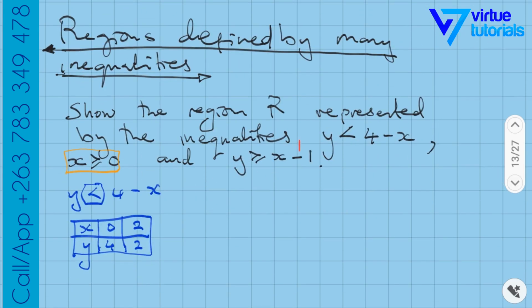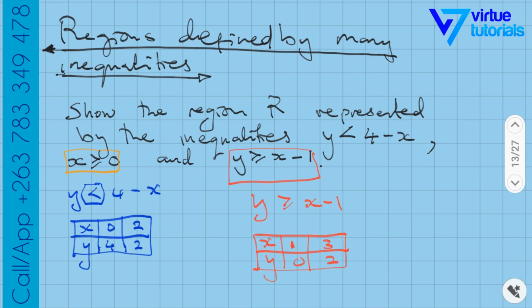And then lastly, I have y is greater than or equal to x minus 1. So I need a table for this. Again, I have my table here. Pick any 2 values of x. I can pick 1 and 3. If I pick 1 and 3, I get a 0 and a 2.